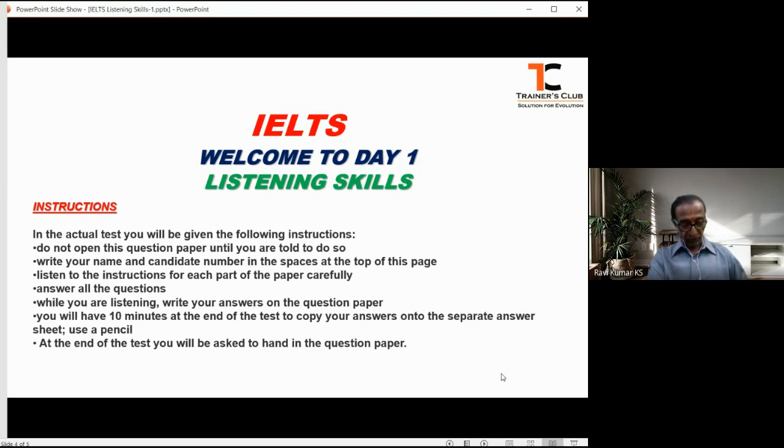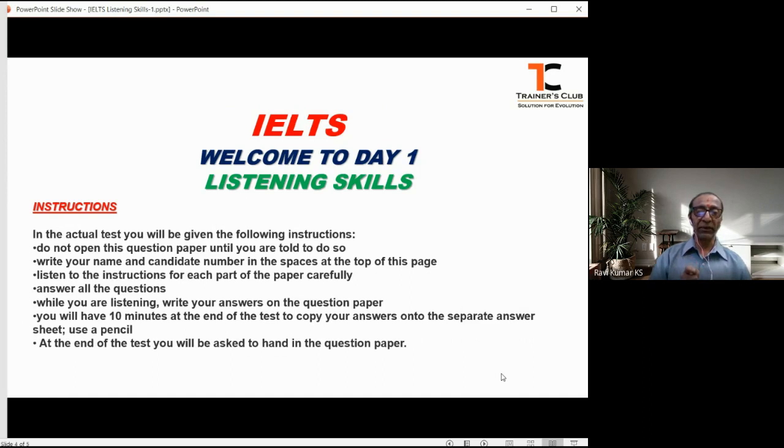You will be given a question paper in a sealed cover, and until the examiner or invigilator asks you to open it, don't open it. Only then are you supposed to open the question paper.